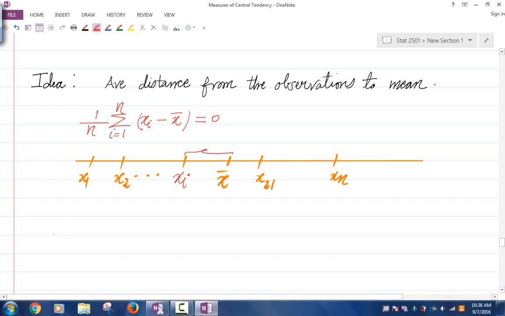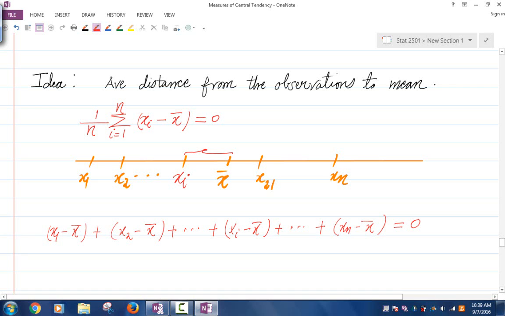So if I am writing x1 minus x bar plus x2 minus x bar plus dot dot dot plus xi minus x bar plus dot dot dot plus xn minus x bar, what I'm saying is that this sum will always be 0.